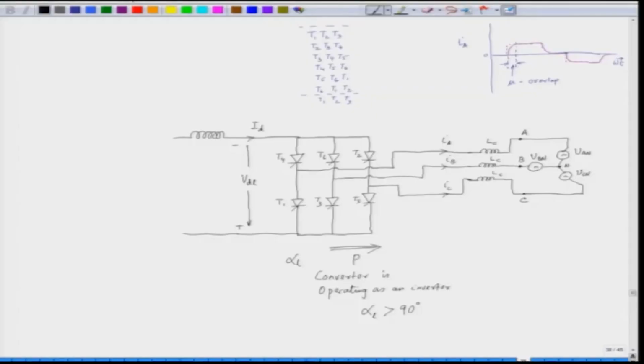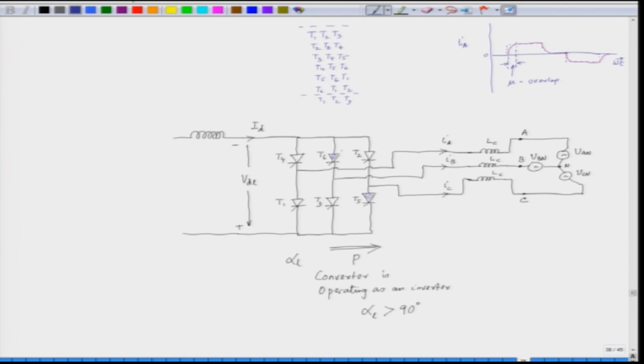Let us say we had the conduction of T5 and T6, these two SCRs were in conduction. So, when these two SCRs were in conduction, what is the DC link voltage here?